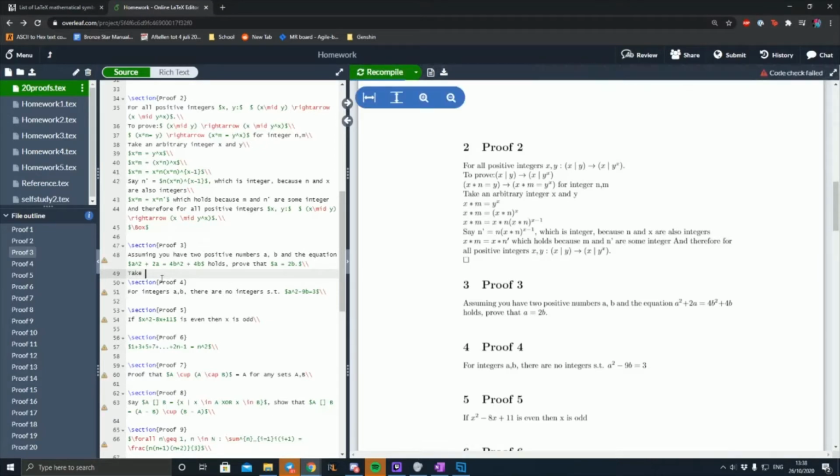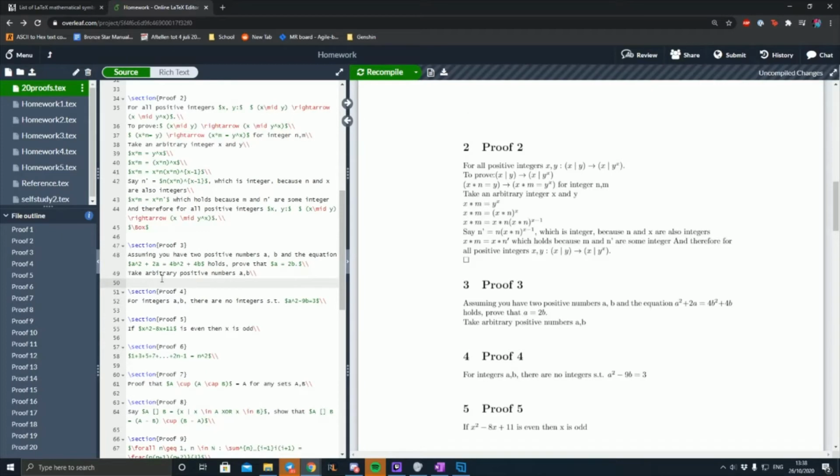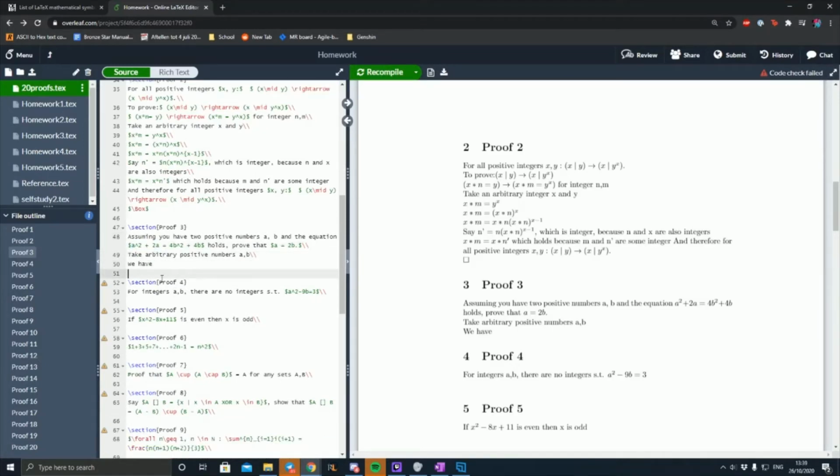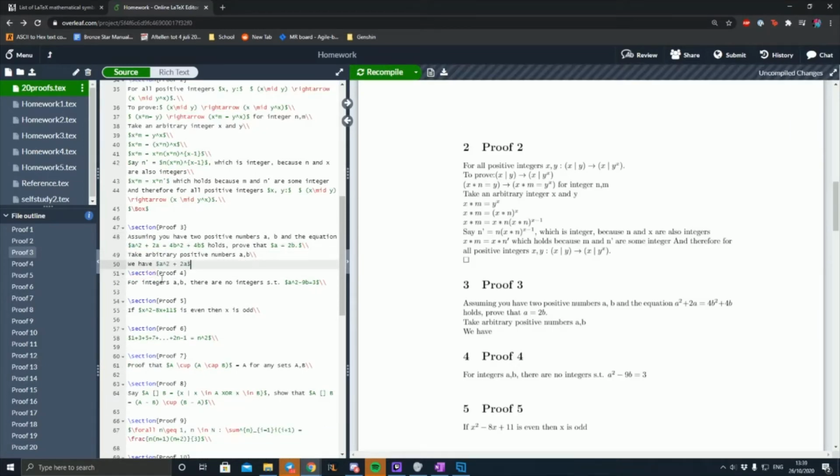Okay, take arbitrary a, b. I said positive numbers, but I don't think we're going to be doing too much wacky stuff, so it doesn't matter if they're numbers or integers. We have, we fill.